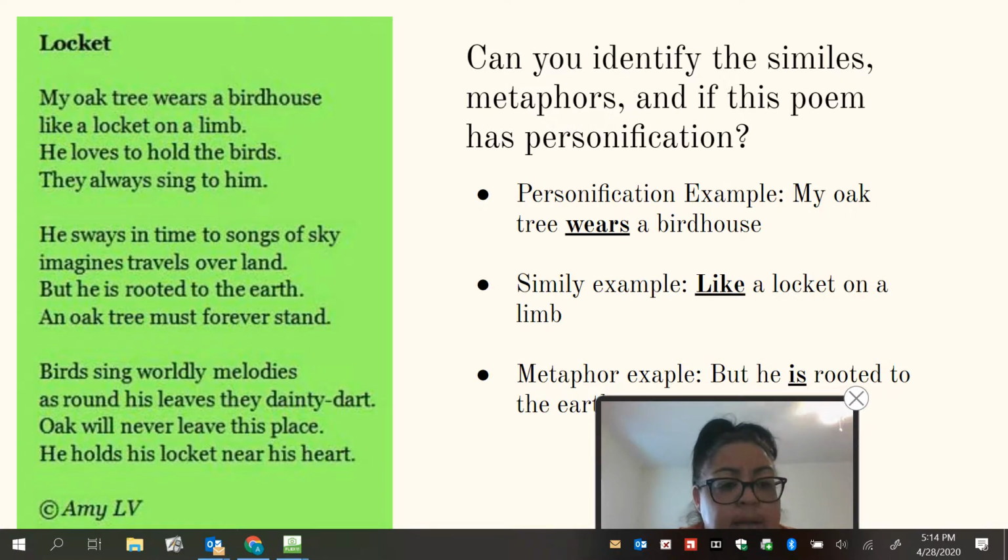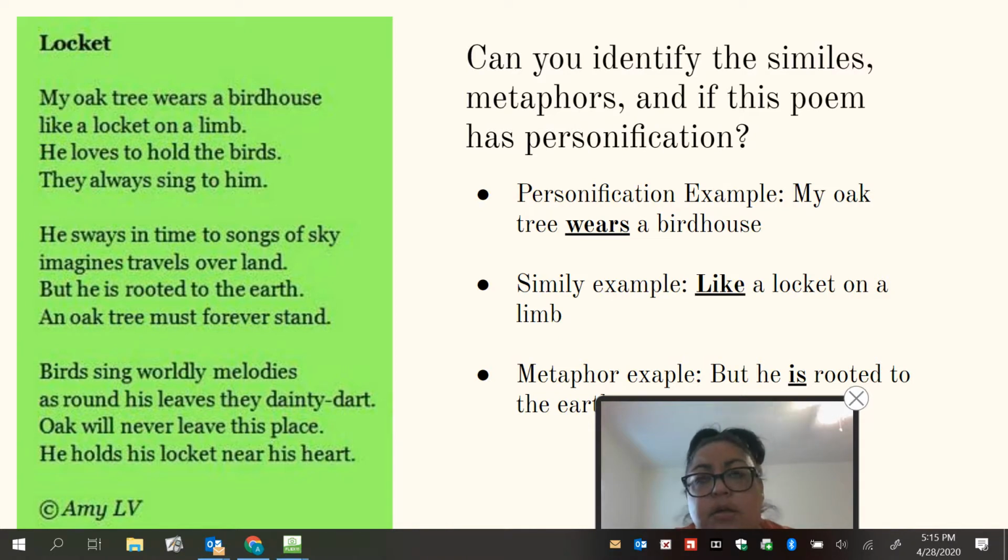He sways in time to songs of sky, imagines travels over land, but he is rooted to the earth. An oak tree must forever stand. Birds sing worldly melodies, as round his leaves they dainty heart. Oak will never leave his place. He holds his locket near his heart.